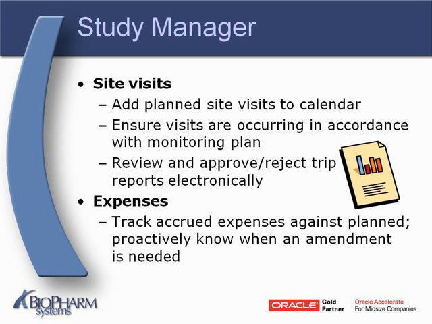So these are, again, some of the enhancements that we made in the Ascend product in those configurations. But you can really use the features of the system to fully make your review and approval process and signature process electronic for all your trip reports within the system.